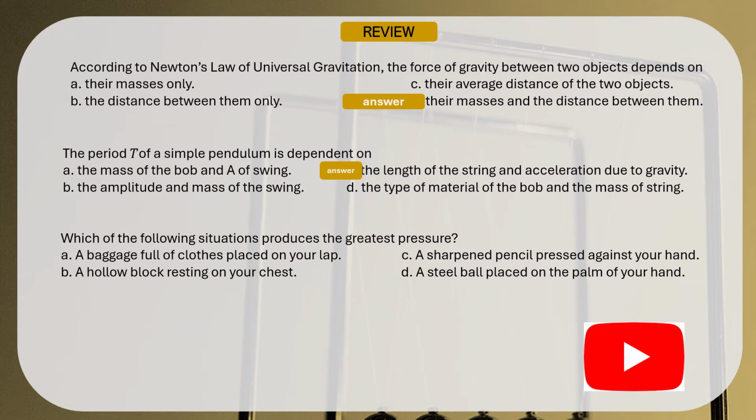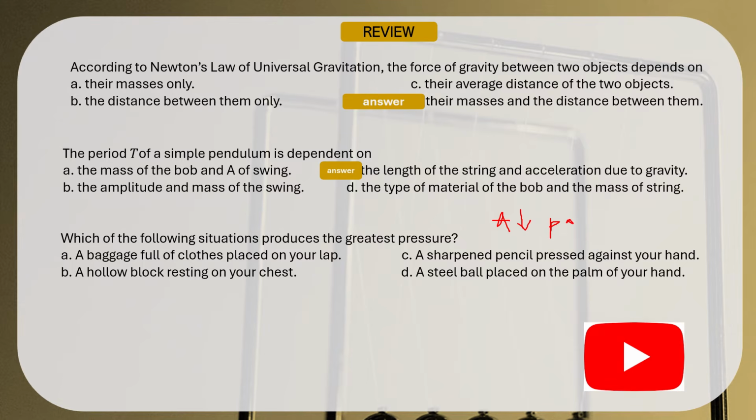Which of the following situations produces the greatest pressure? Pressure is greatest when the area being applied by the force is lesser. When you have lesser area, the pressure will be greater.